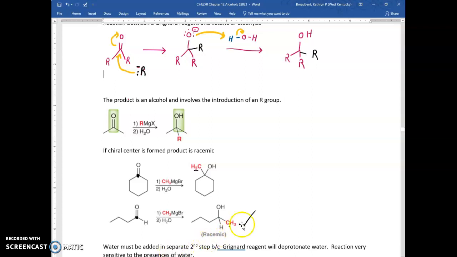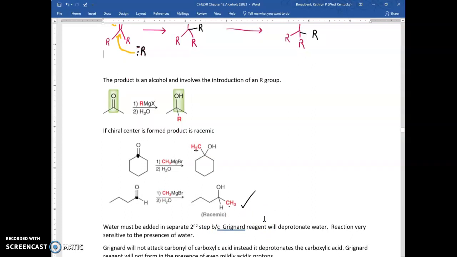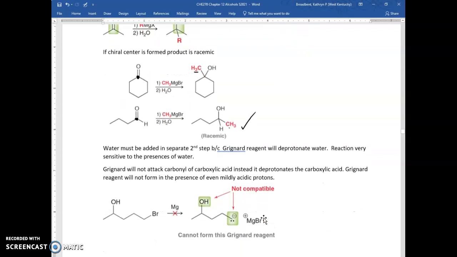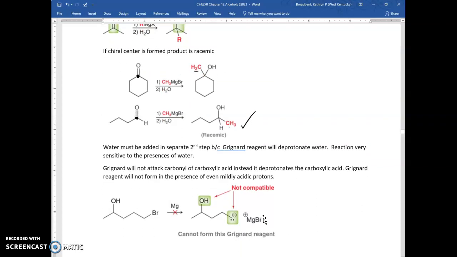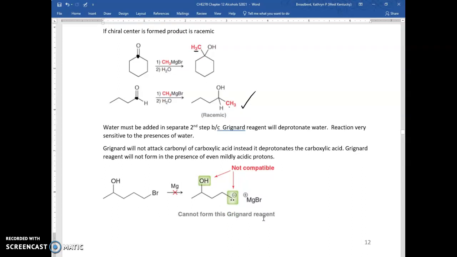Water must be added in a separate second step because the Grignard reagent will deprotonate water. The reaction is very sensitive to water. The Grignard will not attack the carbonyl of a carboxylic acid. So if we have a carboxylic acid, the Grignard reagent will deprotonate the alcohol.